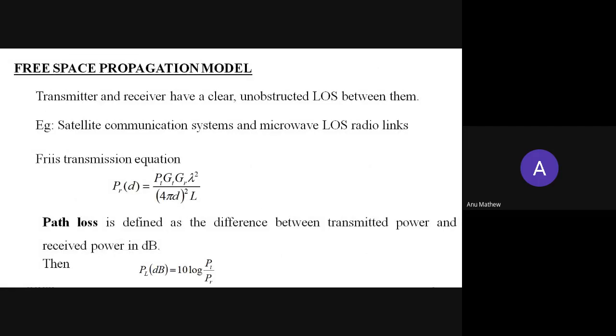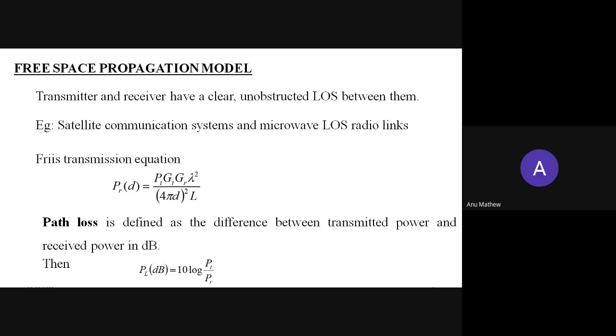Now we are going to see different propagation models. The first one is the free space propagation model, which is used to predict the received signal strength when the transmitter and receiver have a clear unobstructed line of sight between them.